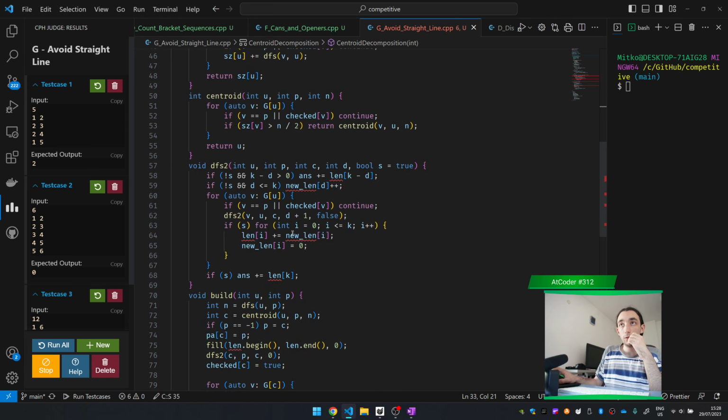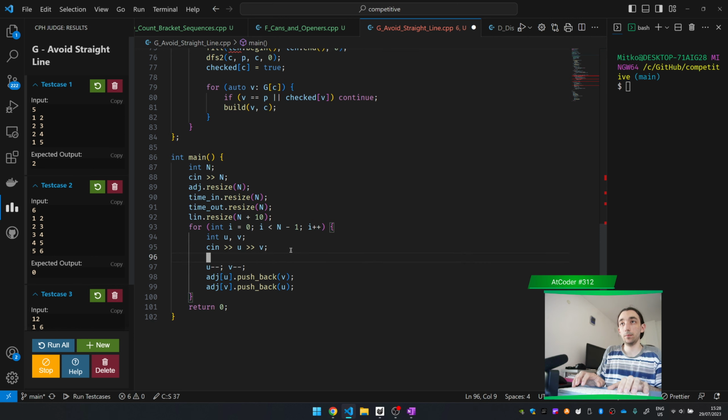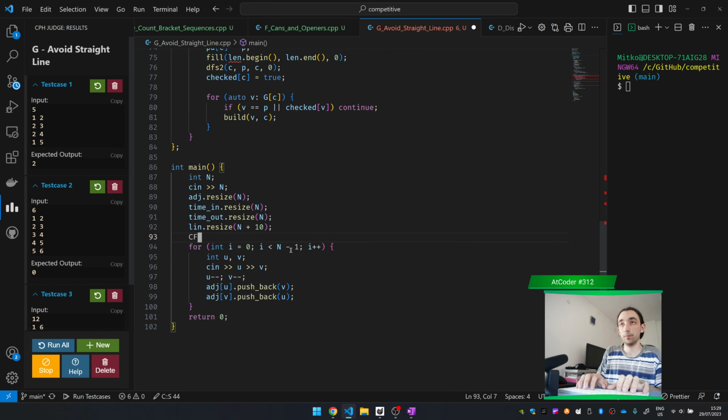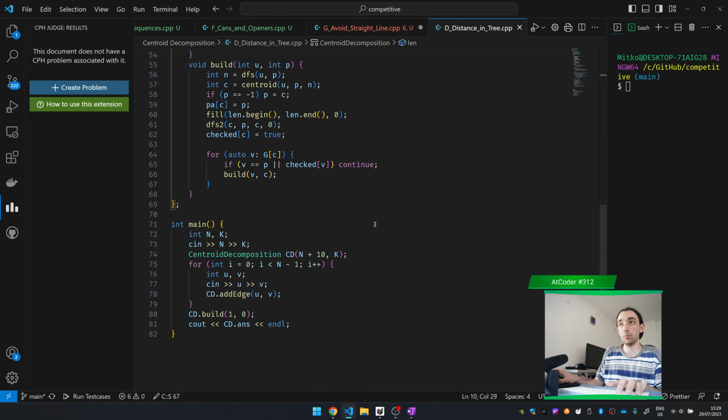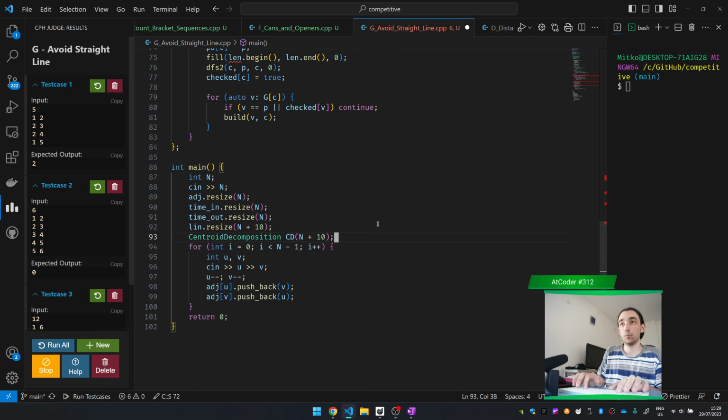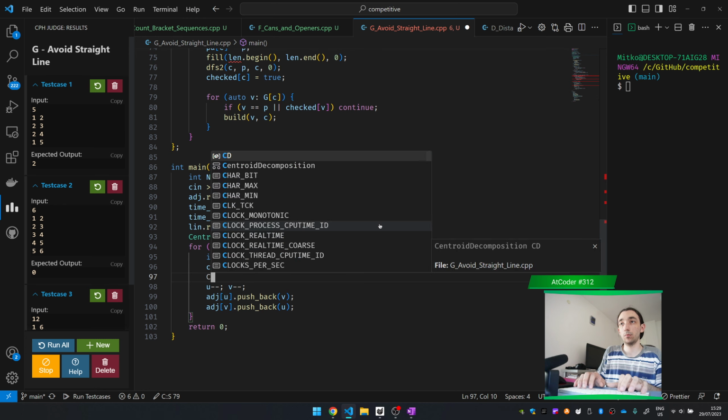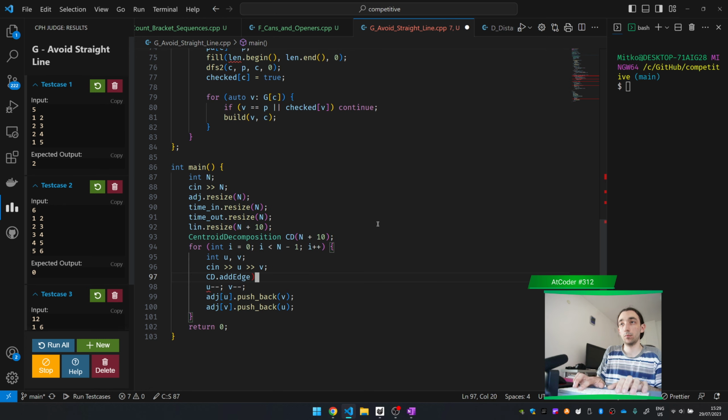Centroid decomposition at each layer, but I'm not quite sure.